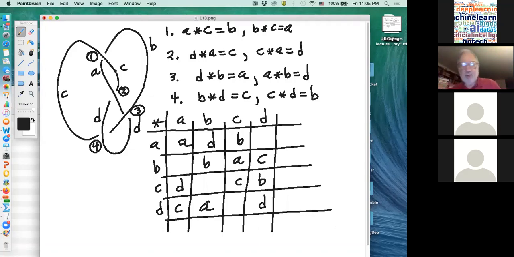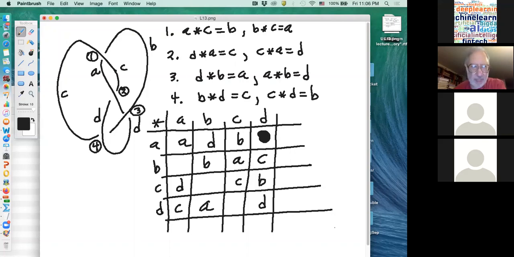So each row or column should be a permutation of the elements above. Now, what could A times D be? It cannot be A, it cannot be D, it cannot be B, and it can't be C either because there are going to be no repetitions in a column or a row. A, B, C, D. That means it's not any of them. It's going to have to be an E.